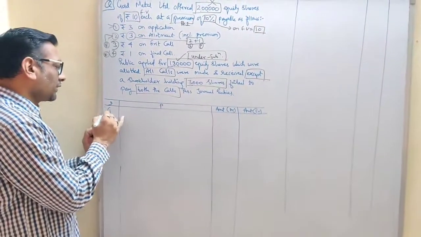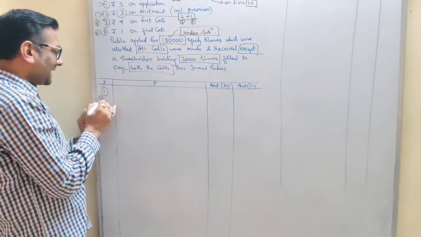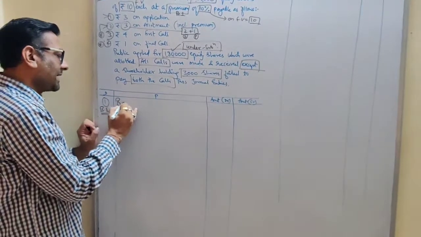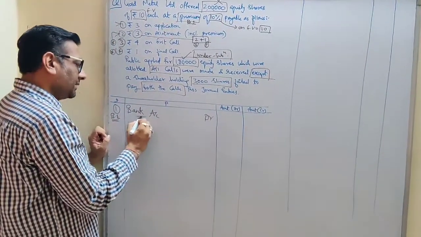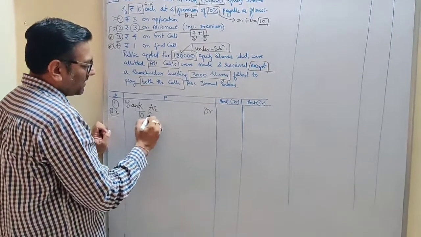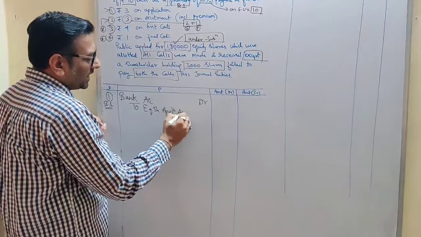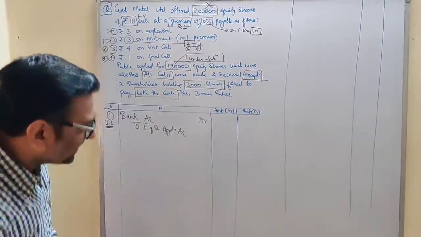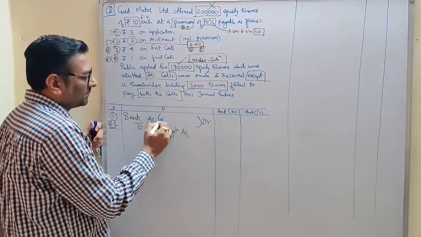So we are going to record the application bank entry first. What is your bank entry? It's very easy, students. Bank account debit to equity share application account. Let's write down the working in brackets. For how many shares did you receive application money?